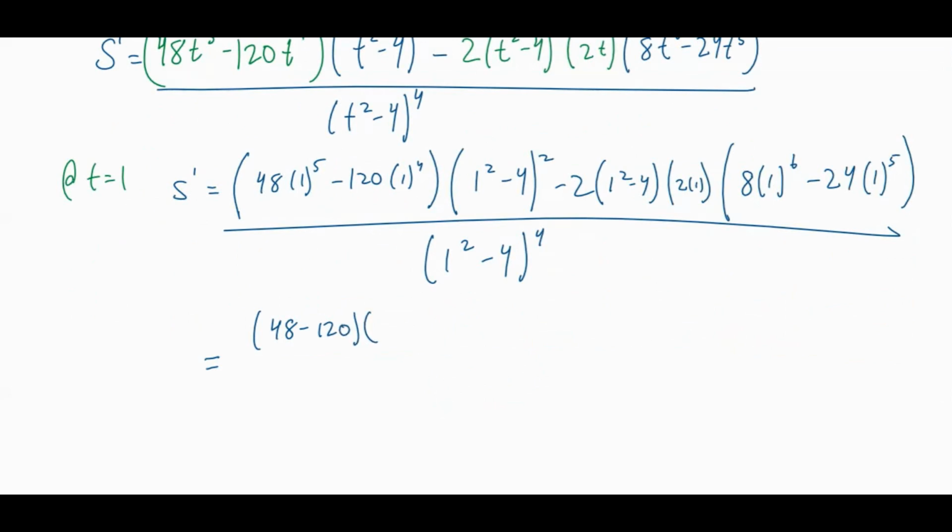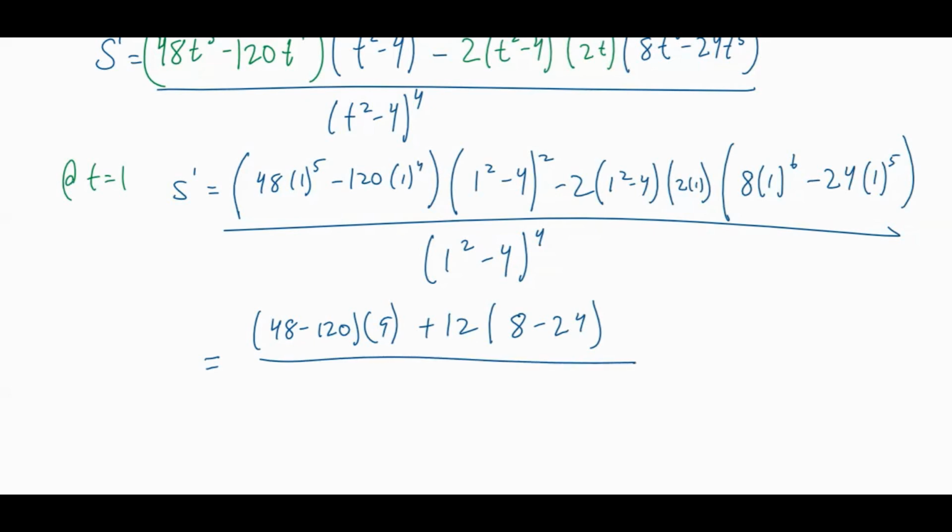1 squared minus 4 is negative 3 squared is 9. This is 2 times negative 3 times 2 again. So I think that's 12, right? So minus plus 12, because it's negative 2 and this is negative 3. So I think that should be plus 12 times 8 minus 24.